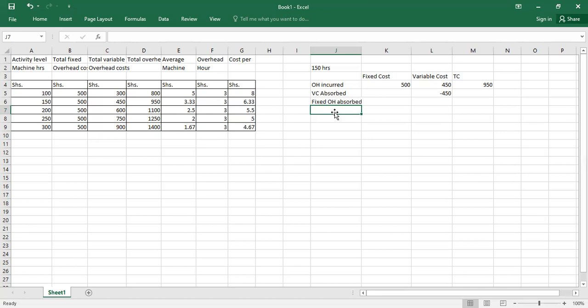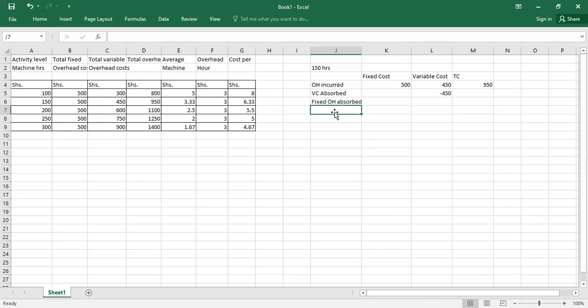What's the cost per unit? 3 times 500. Well, tell me, what is the total cost?